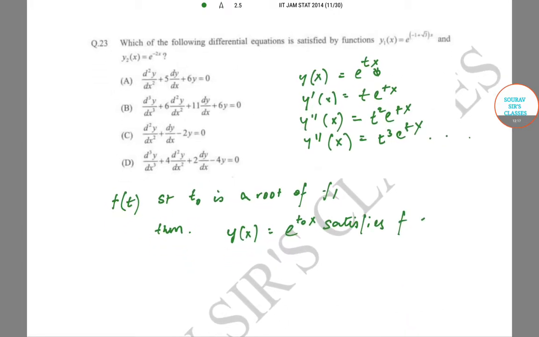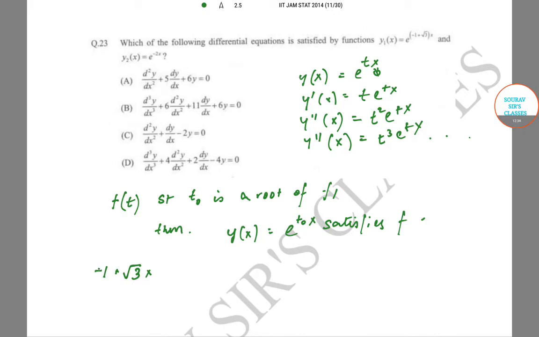So what we need to do is find the polynomial in t such that minus 1 plus root 3 is a root of it.